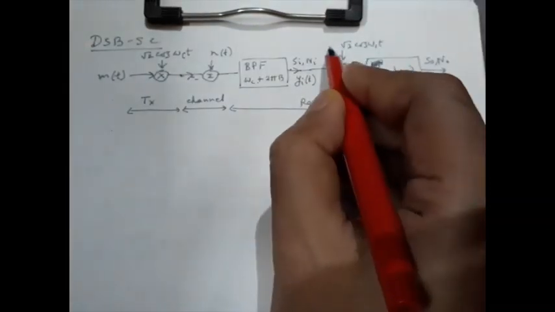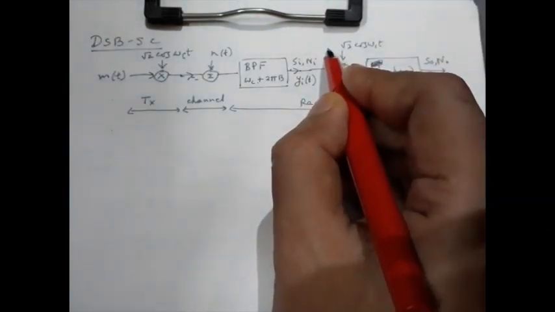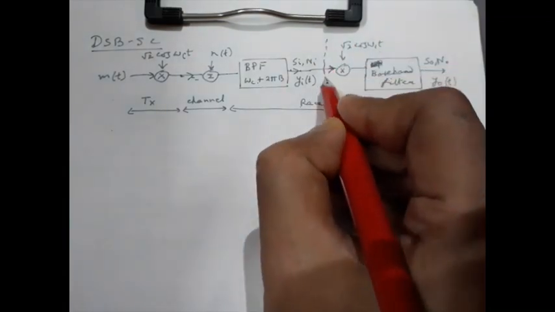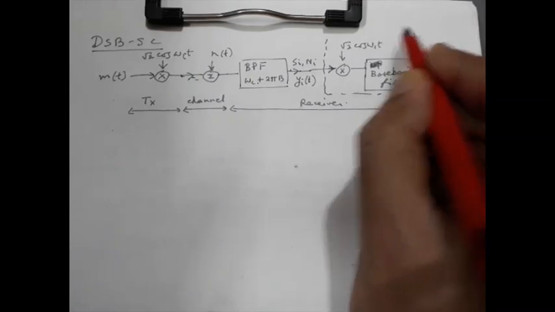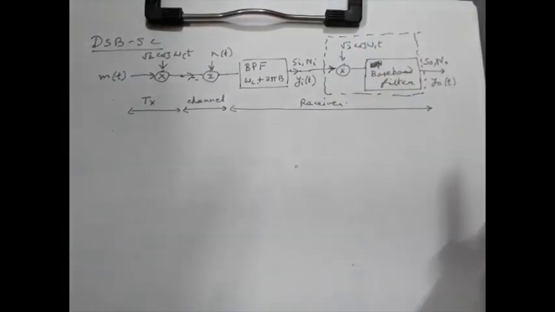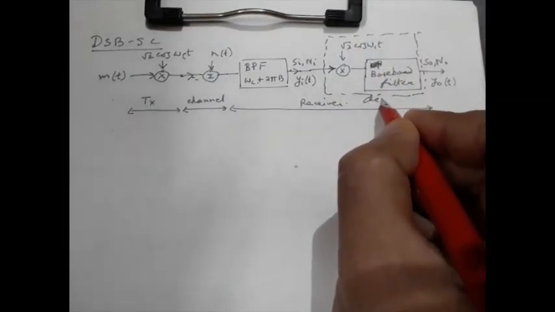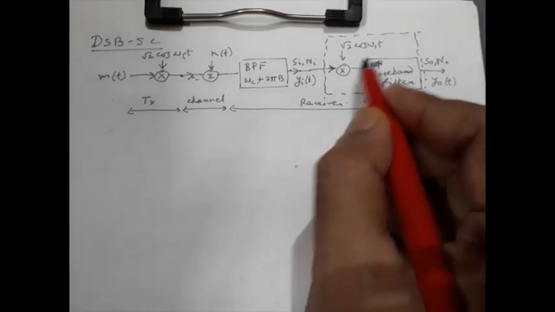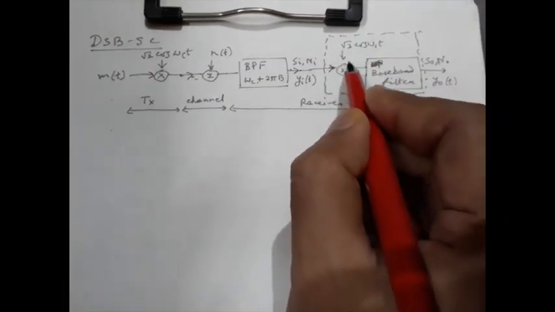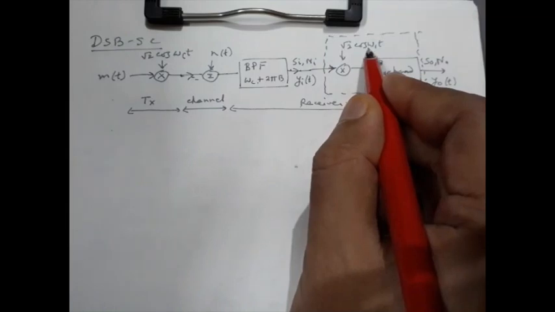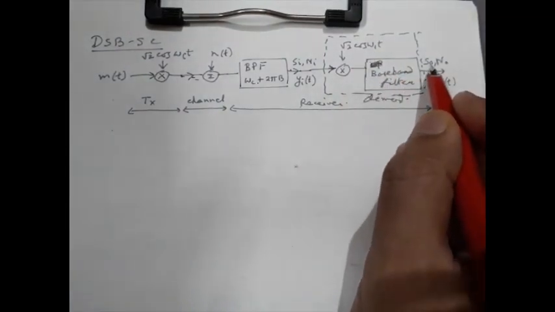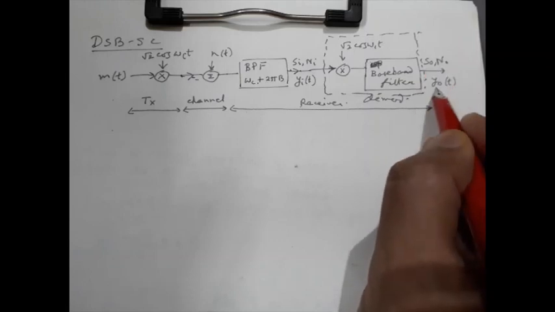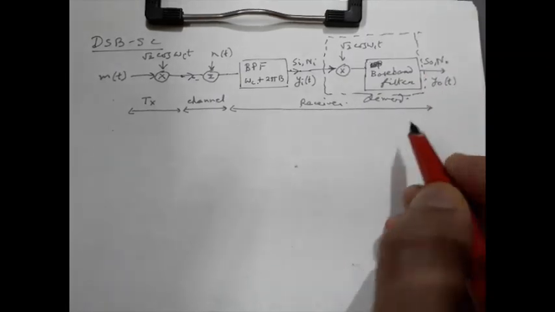Now this part is the demodulator section. We have a synchronous detector, so it will be multiplied by √2 cos omega ct. Then we have a baseband filter, and the output signal power and noise power are this, and YOT is the output signal.